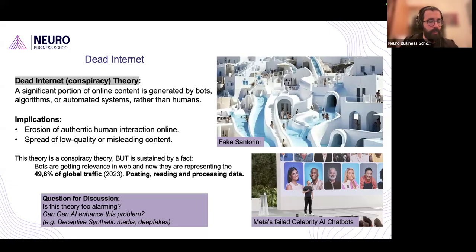Nowadays, there is a lot of content generated by AI, and this is the reason why we are dealing every day with content that is not only fake. The problem with the content is that it is not made by humans. So that's the reason why "dead internet" is the perfect name for that, because the internet at the beginning was created for connecting people with people. The bots were not in the equation.